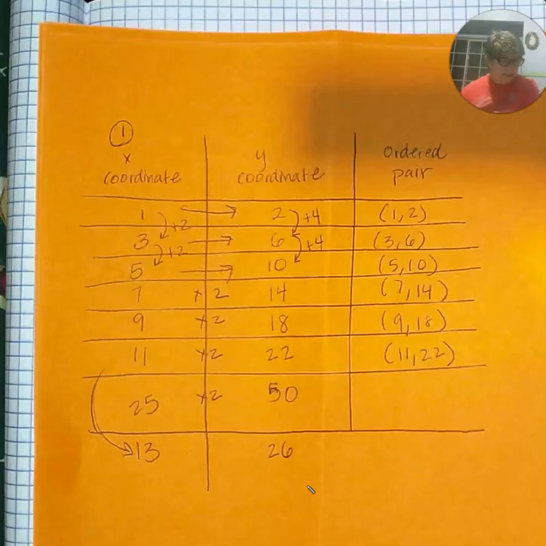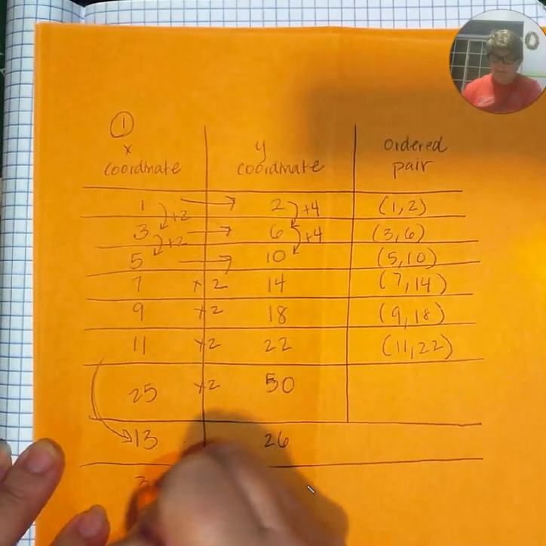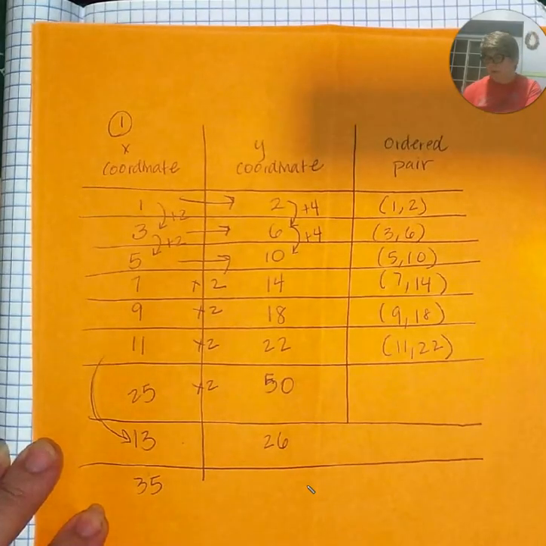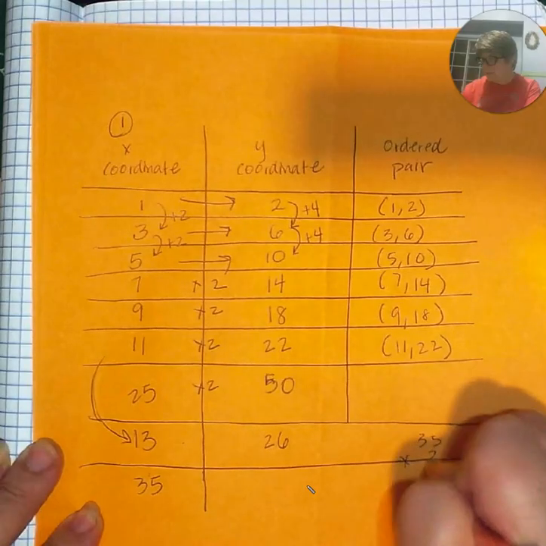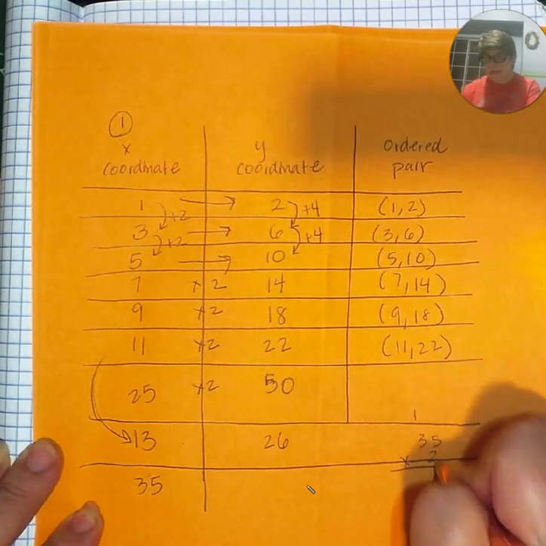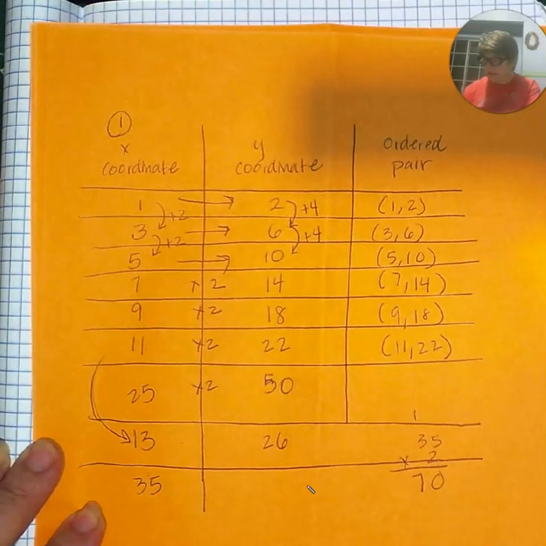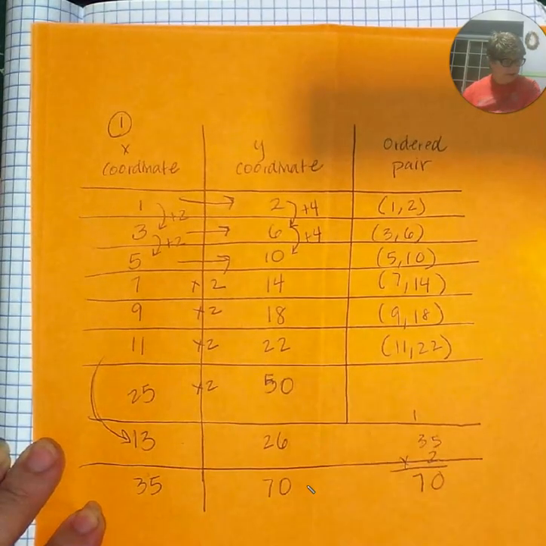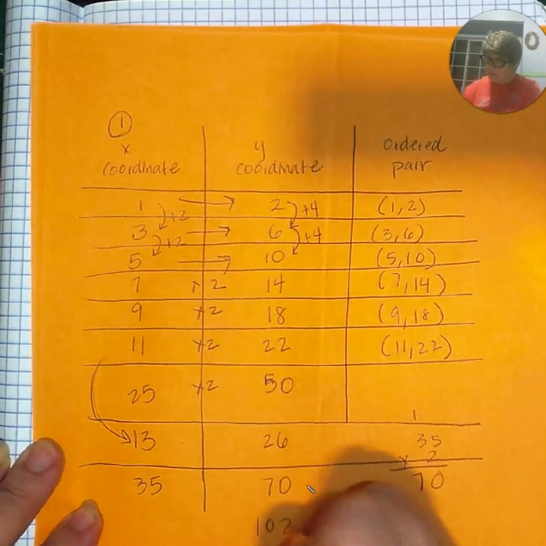All right, so what if our x is 35? You might have to write it down, right? 35 times 2, 6 plus 1 is 7. Nothing wrong with multiplying. 70. Very good. Ooh, what if our y is 102?